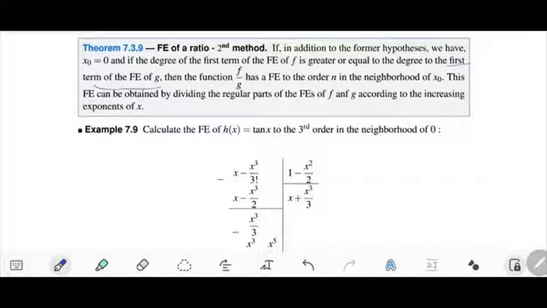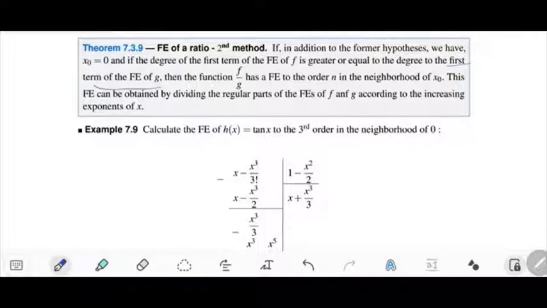Then if I'm asking for an expansion to the order n, you should calculate expansions in the numerator and the denominator to the order n plus k, if k is the order of the term which is the starting term, or the first term, in the expansion of g.